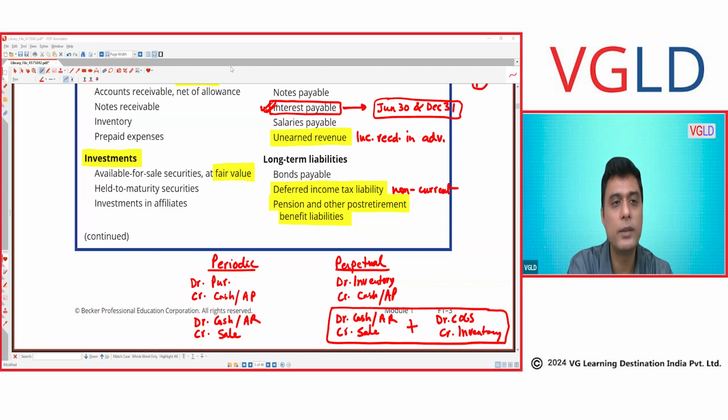Mohan, emphasis of matter para and other matter para are part of the auditor's report, not part of the notes to the financials. Okay. And we are not talking about auditors or the auditor's report here anywhere. We are only talking about the financials and therefore notes to the financials, right?